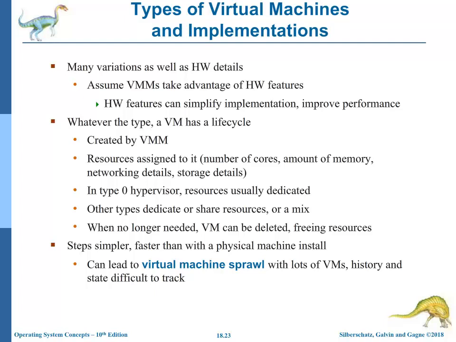In the case of a Type 0 hypervisor, the resources are usually dedicated. In this situation, if there are not two virtual CPUs available and unallocated, the creation request in our example will fail. For other hypervisor types, the resources are dedicated or virtualized, depending on the type.